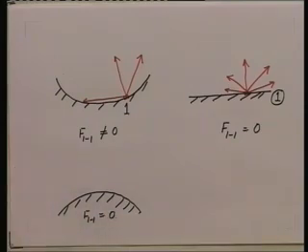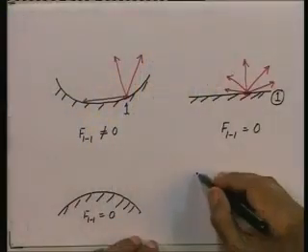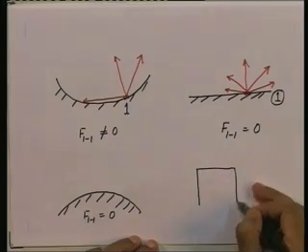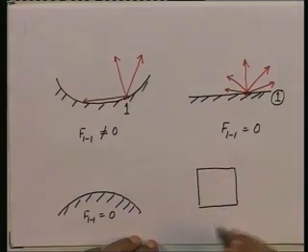Now, just to clarify, the surface 1 may be flat, the surface 1 may be curved, the surface 1 may consist of two flat surfaces together, that also may be surface 1. For instance, let us go back to this room. Let me draw it in 2 dimensions. This is my room, which I am sitting in.